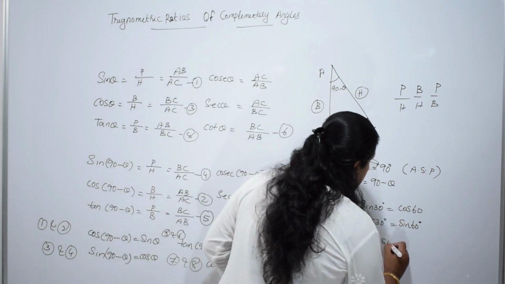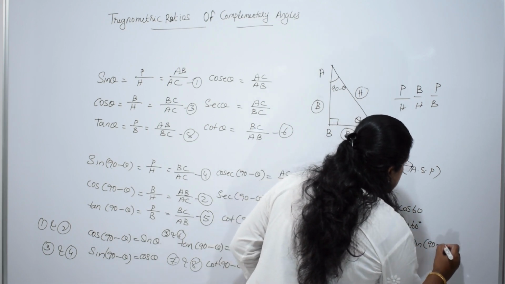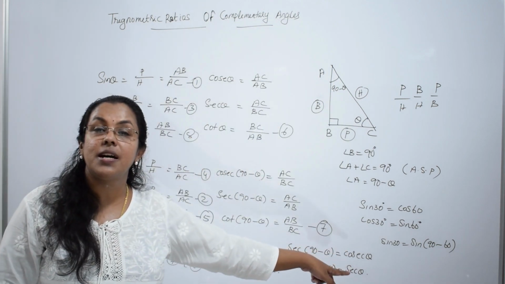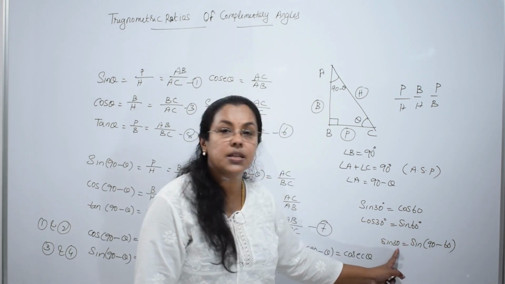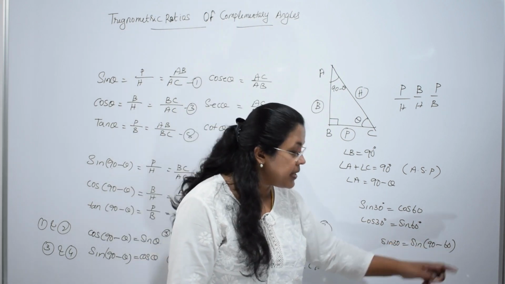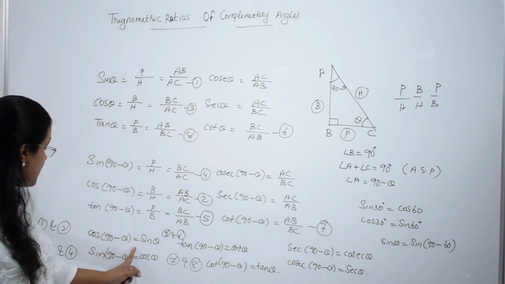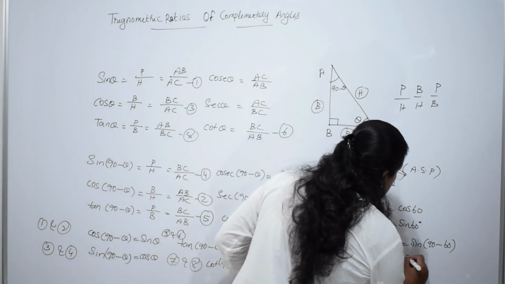Sin 30° is equal to sin(90° − 60°), since 90 minus 60 is 30. What is sin(90° − θ)? It is cos θ. So we can write cos 60°.